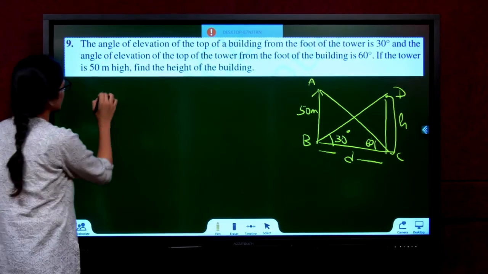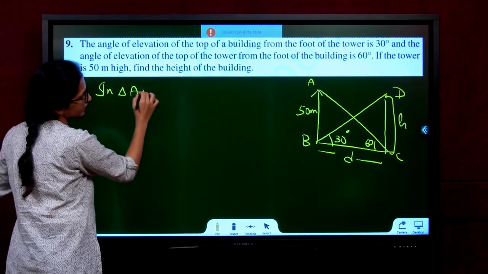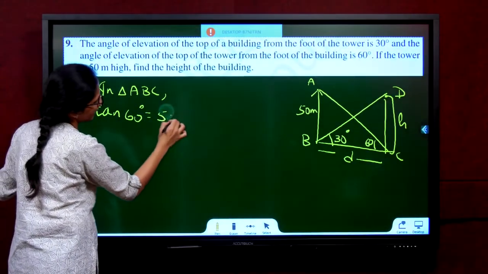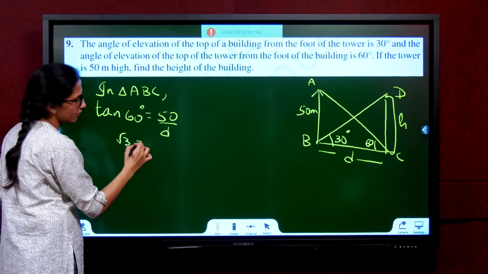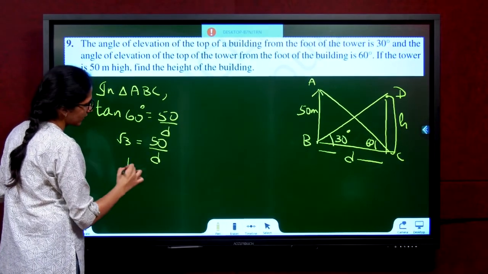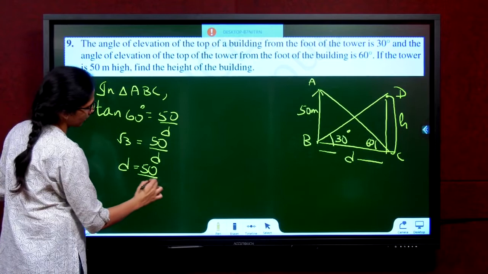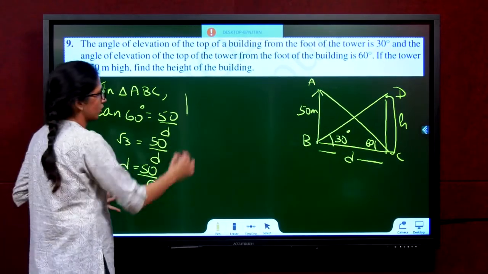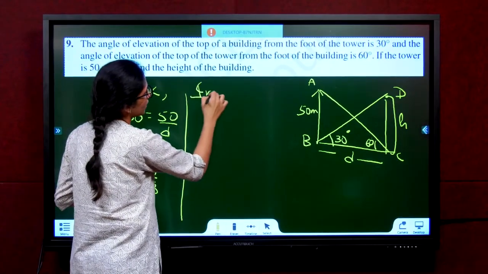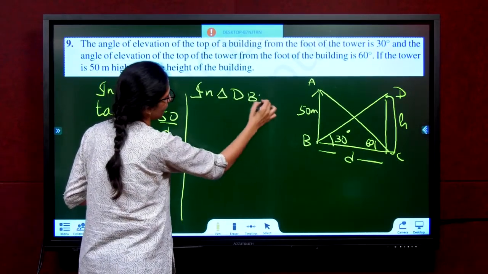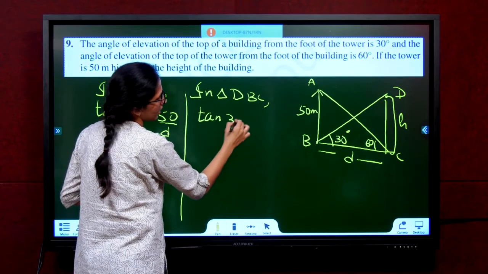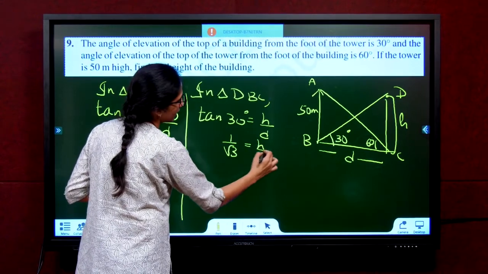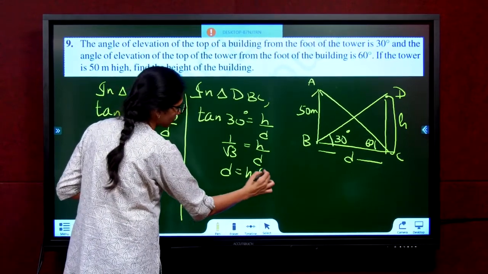Then once you know D, you can find H. So let's start off. In triangle ABC, tan 60 degree is equal to 50 by D. Root 3 is equal to 50 by D. D is equal to 50 by root 3. I don't want D, they have not asked, so I will not rationalize because it's not my answer. Anyway, in triangle DBC now, tan 30 degree is equal to H by D. 1 by root 3 is equal to H by D. D is equal to H root 3.